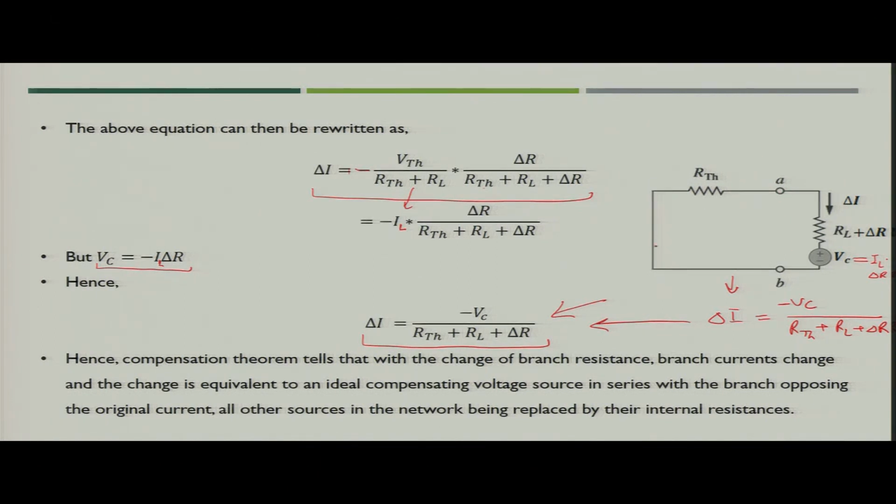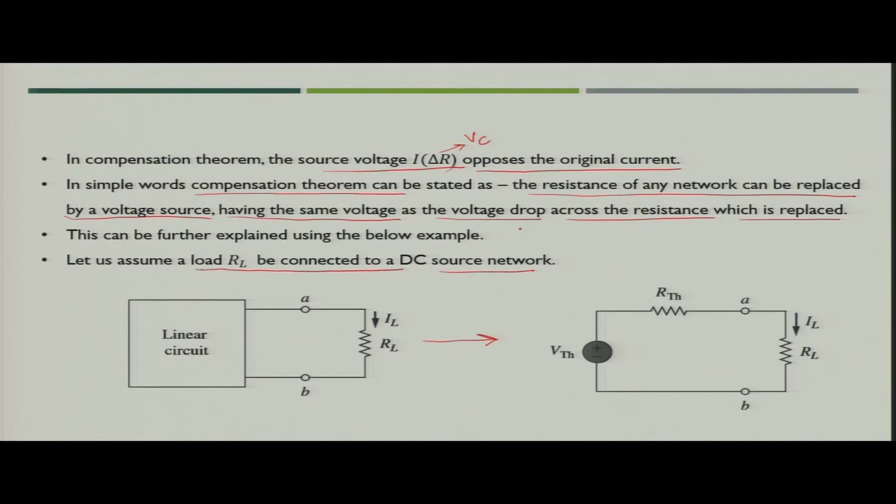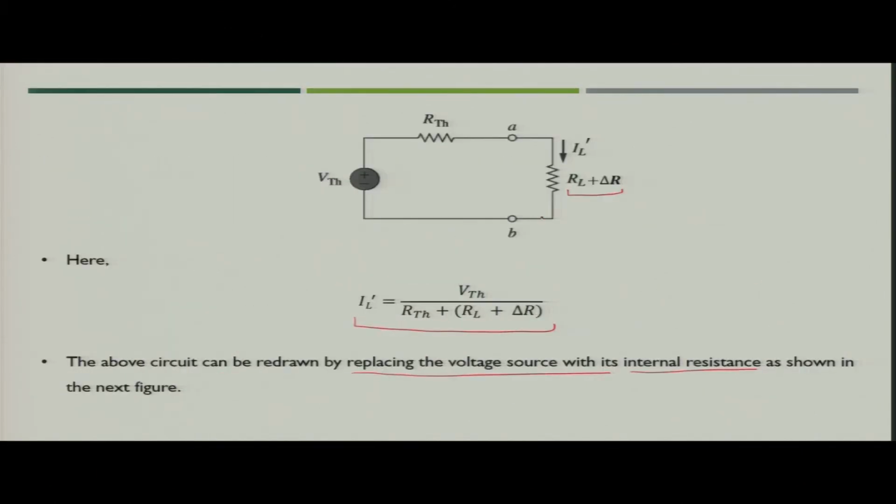That means we short circuit the voltage sources in the circuit. So, without going into the derivation, you can simply replace the change delta R directly with the updated voltage source and find the change in current because of the change in resistance delta R.